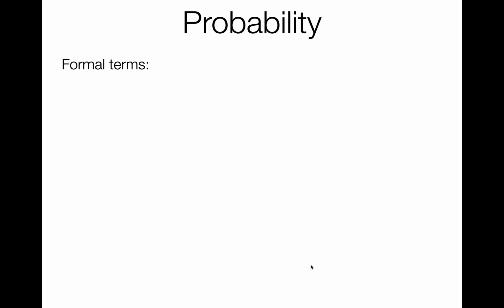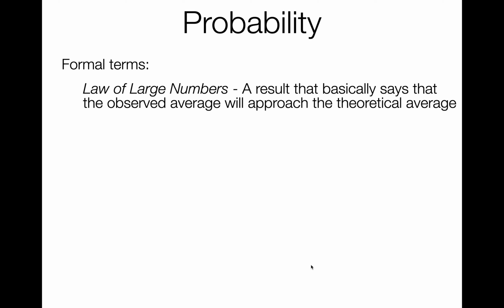Okay? So I have a few more formal terms that I want to go through quickly here. The first is called the law of large numbers, and it's basically a result that backs up what I was saying in the previous slide.